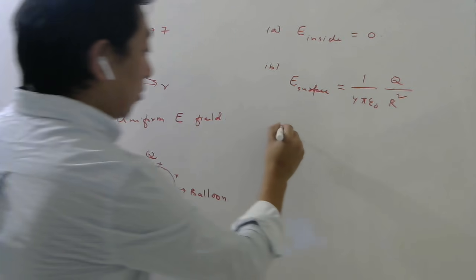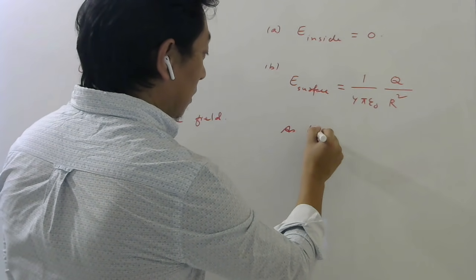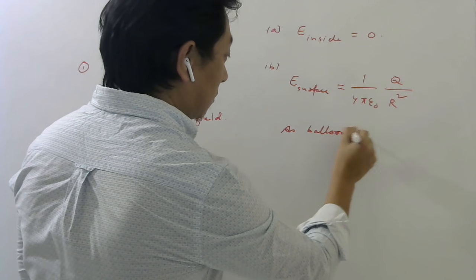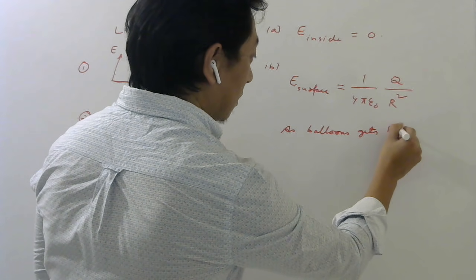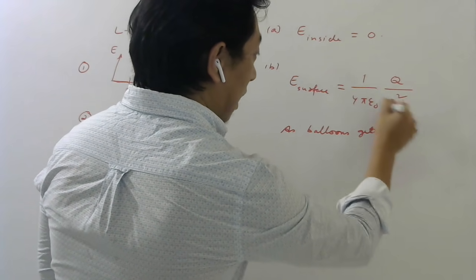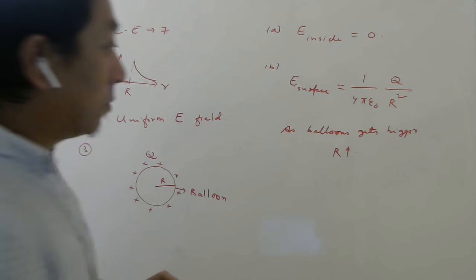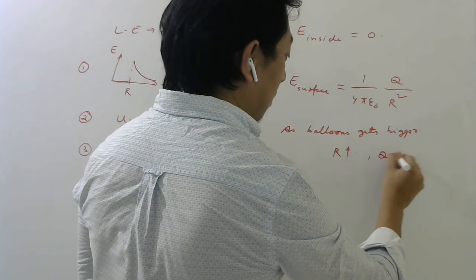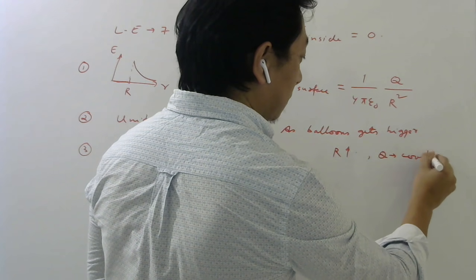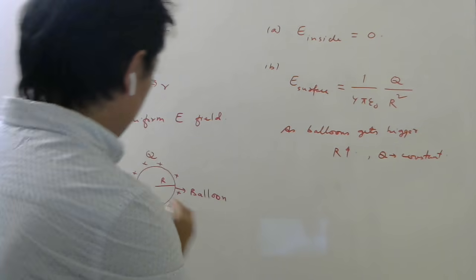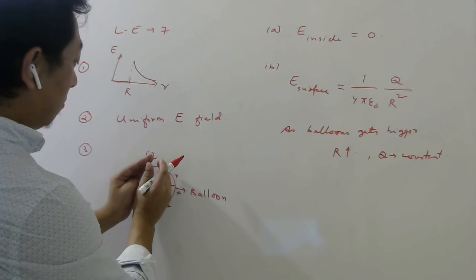Now as the balloon gets bigger, this R will increase. But the total charge is constant. Q will be constant, because the total charge will not change. You are just making the balloon bigger.